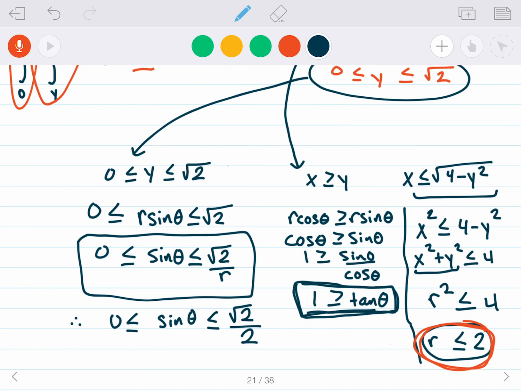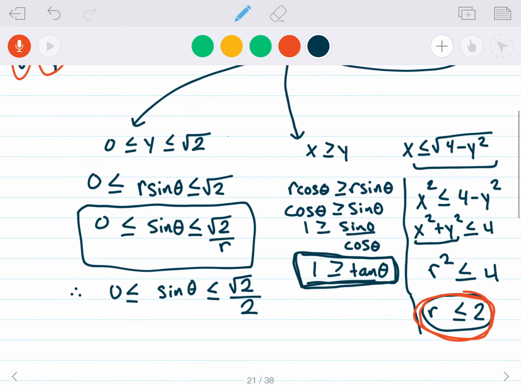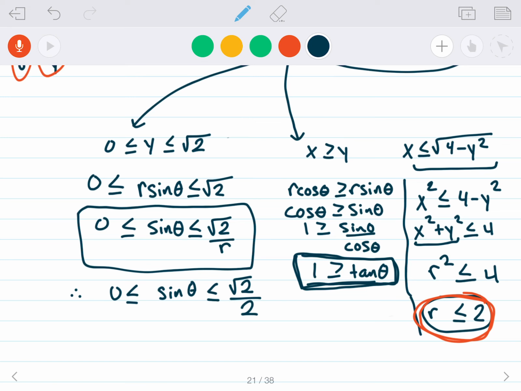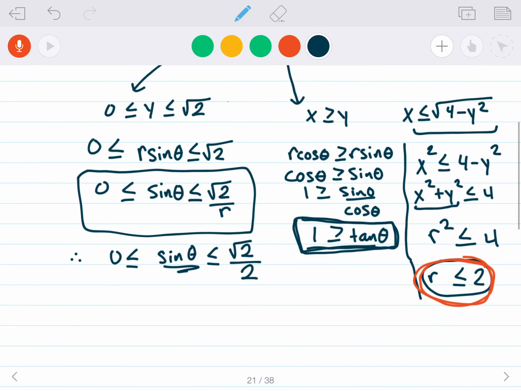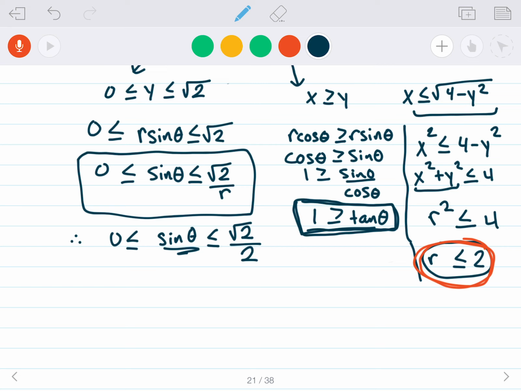So this is some good information to have, right? Because now I have bounds for theta. It says sine theta is going to be between 0 and root 2 over 2. Since the sine is bigger than 0, so sine is positive, but less than or equal to root 2 over 2, that means we have to be in quadrant 1.